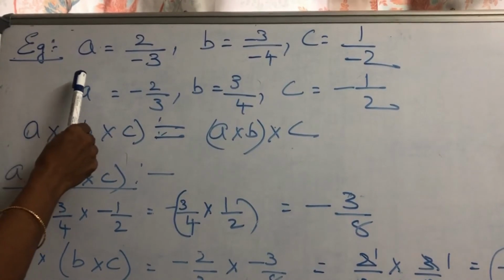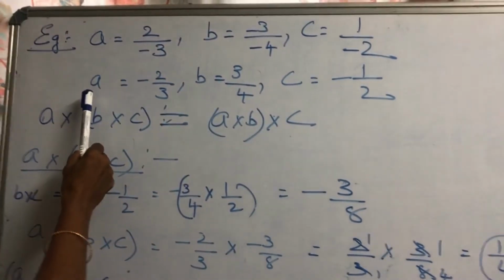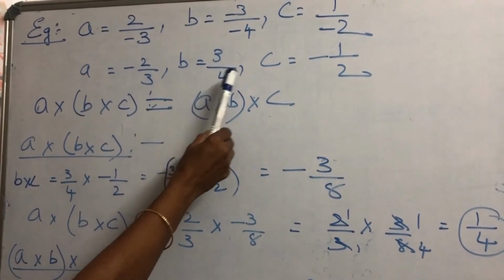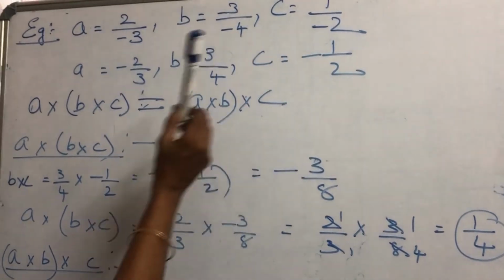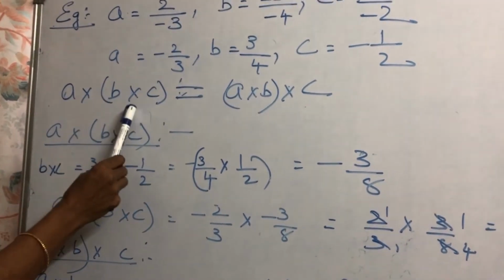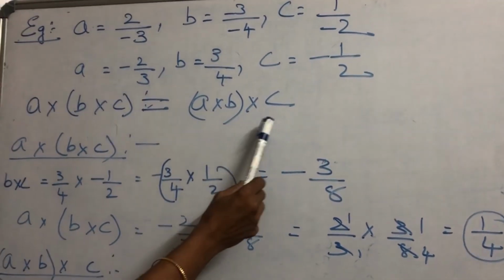We are proving the associative law with three rational numbers: A is equal to minus 2 by 3, B is equal to 3 by 4, C is equal to minus 1 by 2. The law is, children, (A into B) into C is equal to A into (B into C).